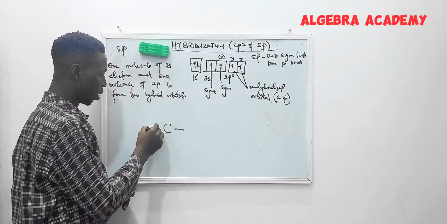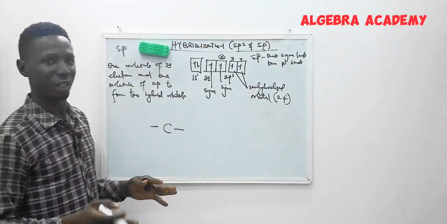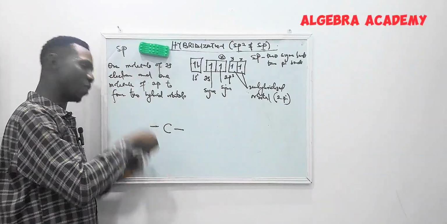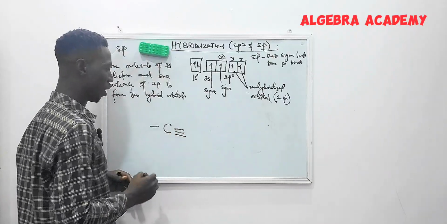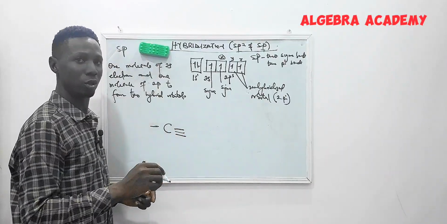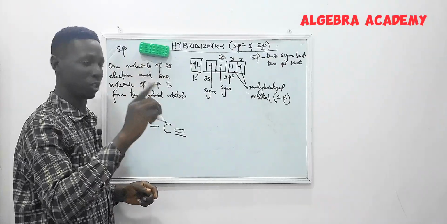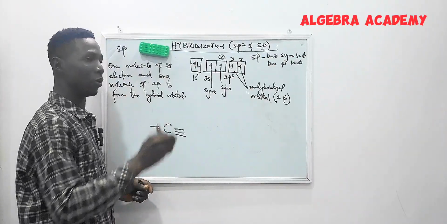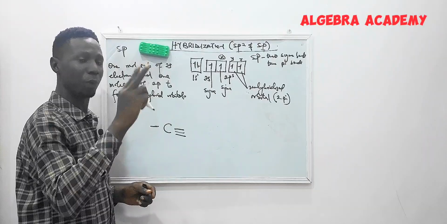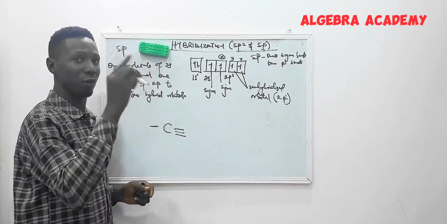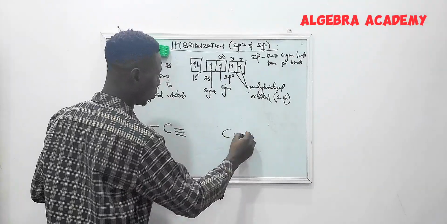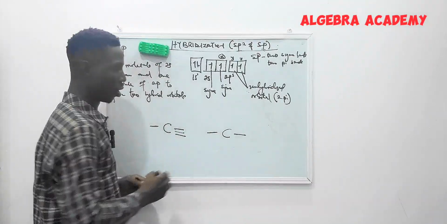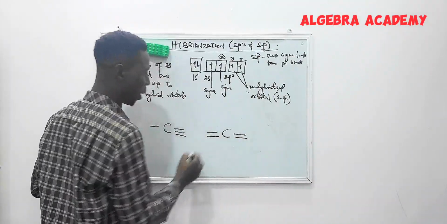Don't forget, it is only sigma that can pick sides on their own. Pi, we have to stay with sigma. So you now have it this way, 1, 2. That means in every triple bond, you have 2 pi and 1 sigma. In every double bond, you have 1 sigma and 1 pi. Or you can have it this way, carbon atom, the 2 sigma bonds, 1 pi, another pi.